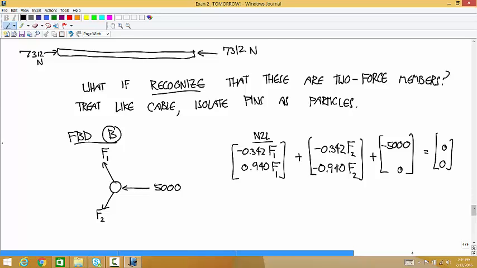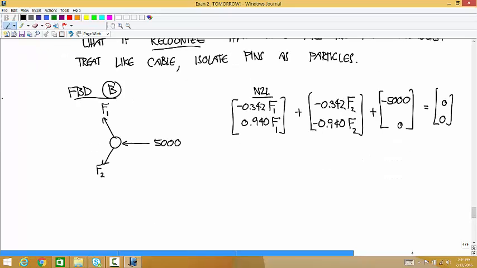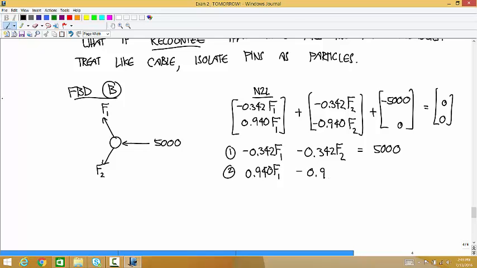And so you get a system. Your two equations are negative 0.342 F1 minus 0.342 F2 is equal to 5,000. And your second equation, 0.940 F1 minus 0.940 F2 is equal to 0.